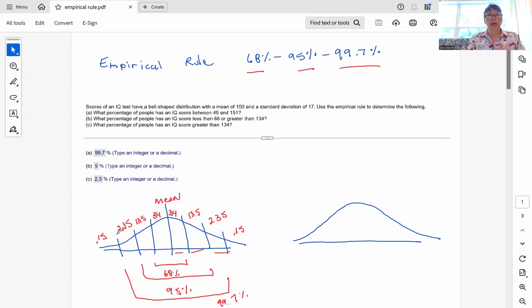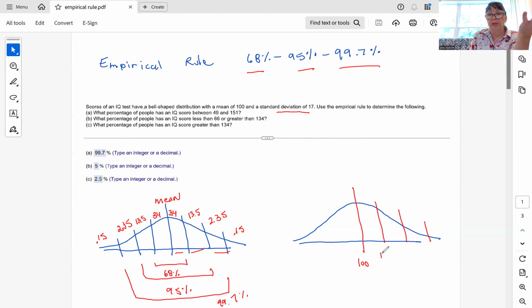All right, so let's look at it with a problem here. It says scores on an IQ test have a bell-shaped curve, a standardized bell-shaped curve. That's what the empirical rule is about. It has a mean of 100, so in the middle of it, it's 100. And it has a standard deviation of 17, which means for each bar that you go out, it's 17.